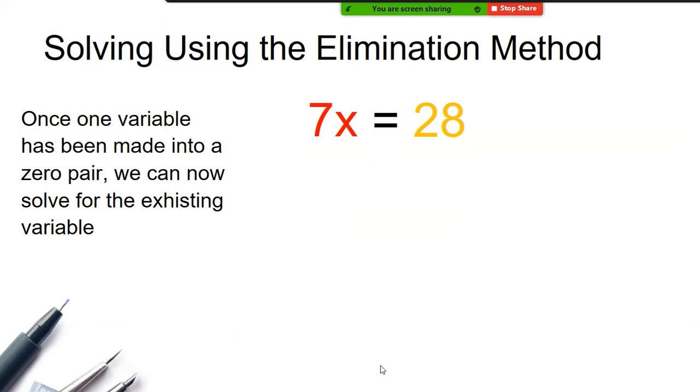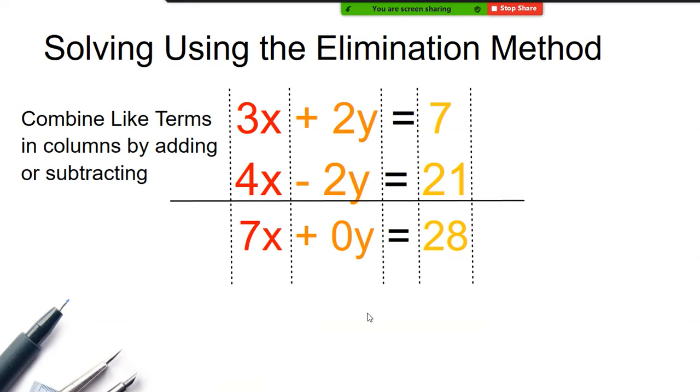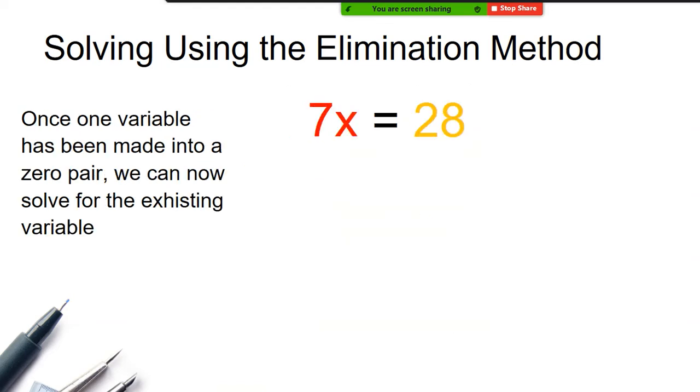Once one variable has been made into a zero pair. What do you mean by that, Mr. McCoy? Well, look, right here. See this 0? It made it disappear. That is the elimination. When you do 2y minus 2y is 0y, that is elimination. So when I write made into a zero pair, that's the 0y that I'm referring to.